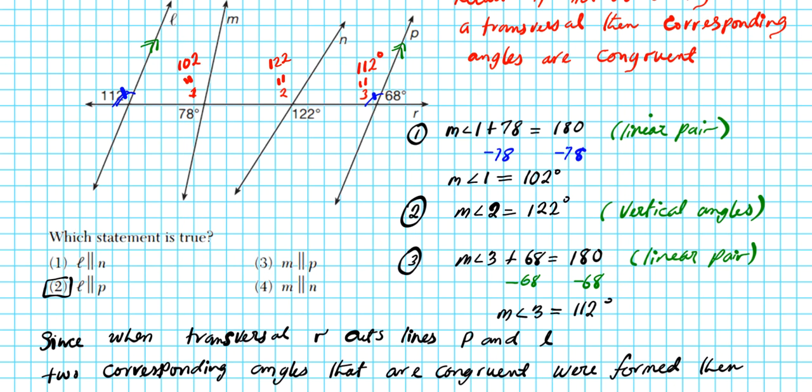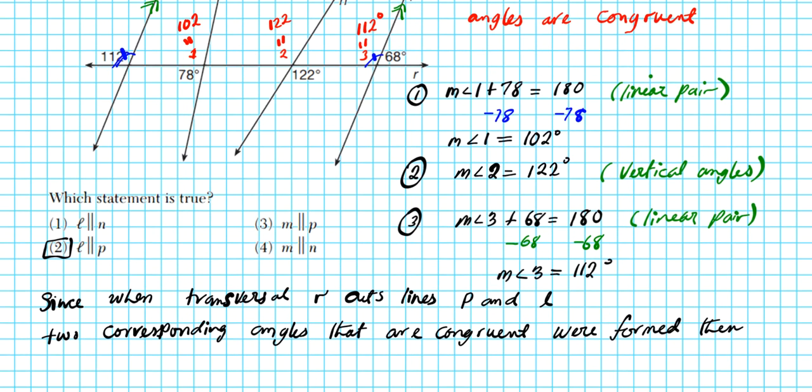Then lines L and P are parallel. Okay? Then lines L and P are parallel. Bottom line is, if you have two lines cut by a transversal and the corresponding angles formed are congruent, then those two lines cut by the transversal are parallel to one another.